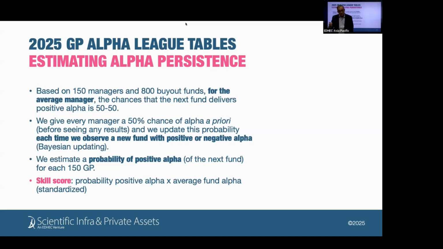And then we look at each manager and each fund. And if we see a manager that delivers positive alpha again and again and again, we update this probability of 50%. And if it's positive, it will increase.